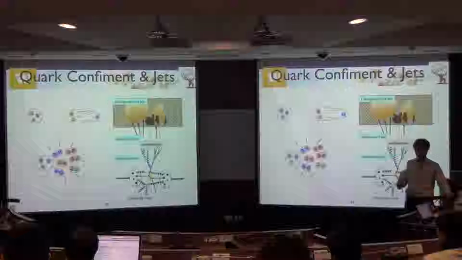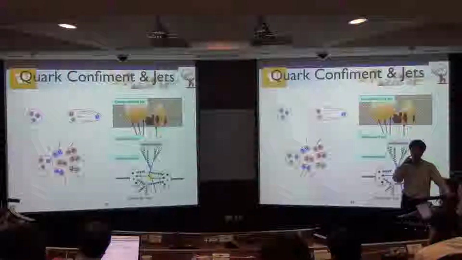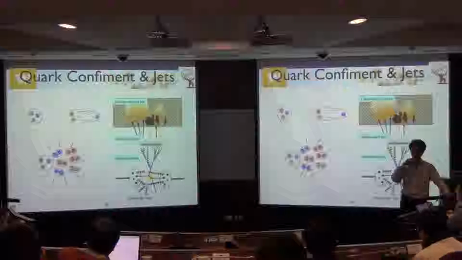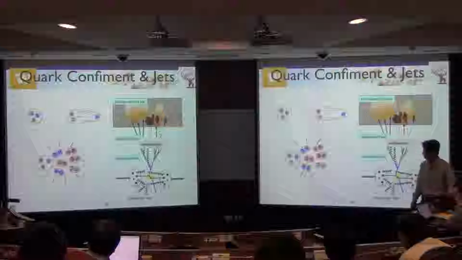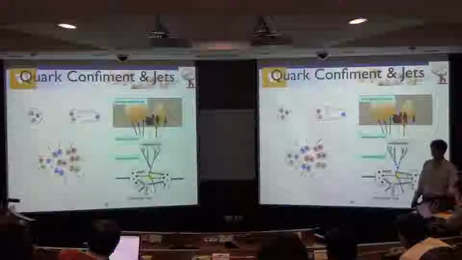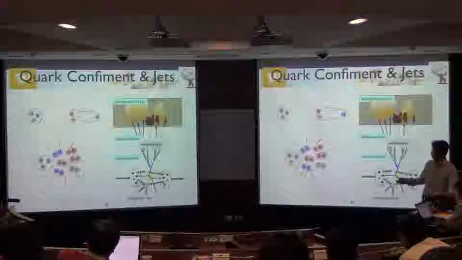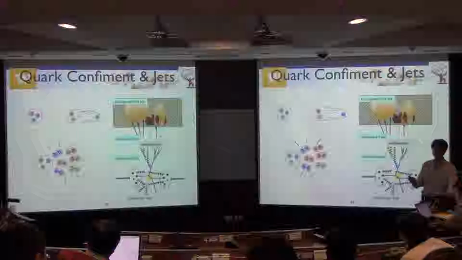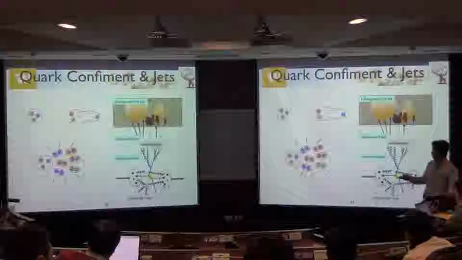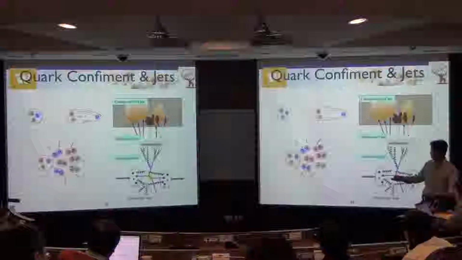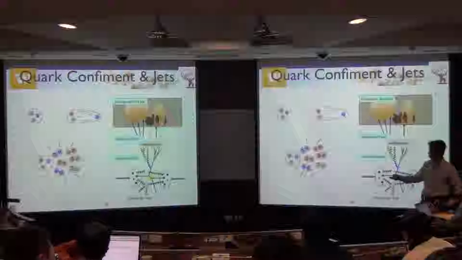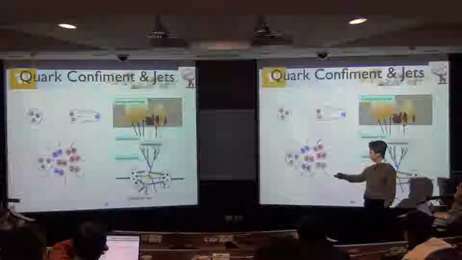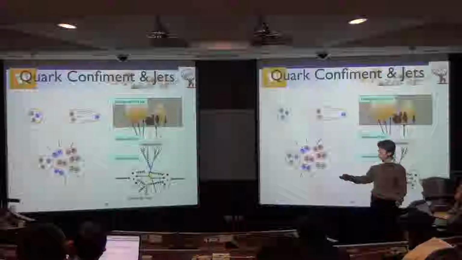Then I would like to move on to the topic of how quarks or QCD objects interact with the material. Due to confinement, we know that there are no free quarks or free gluons. So whenever you produce a gluon or quark, it will go through a hadronization process, as I mentioned in the morning.